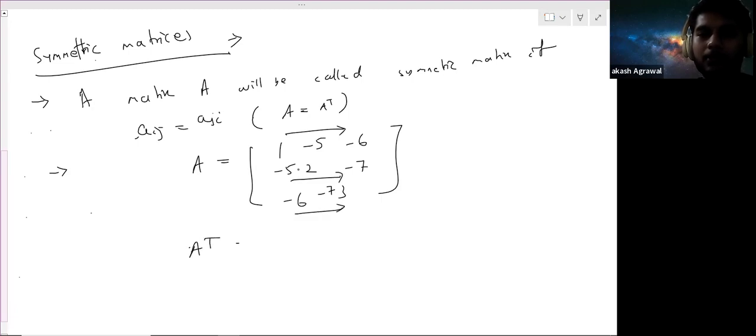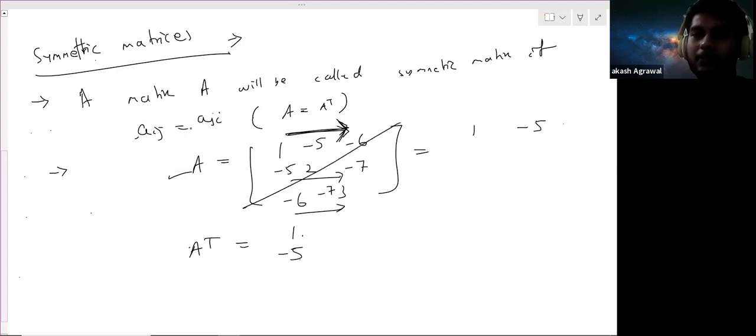Now, can you tell me what will be A transpose?